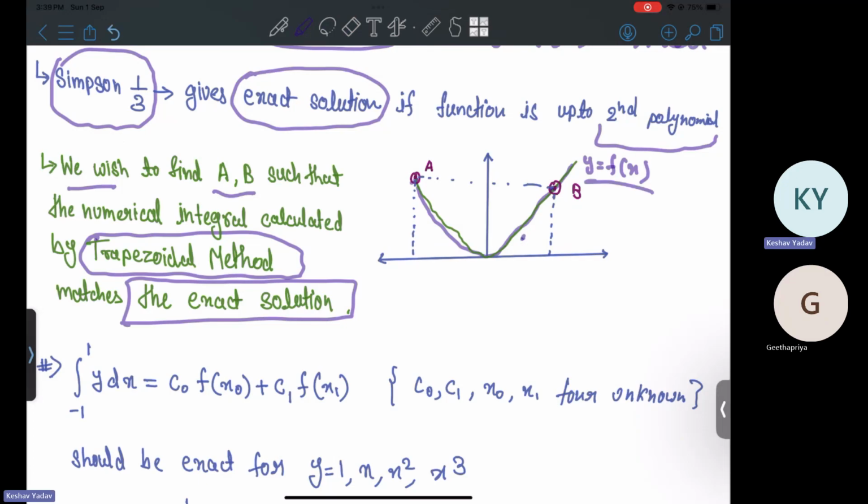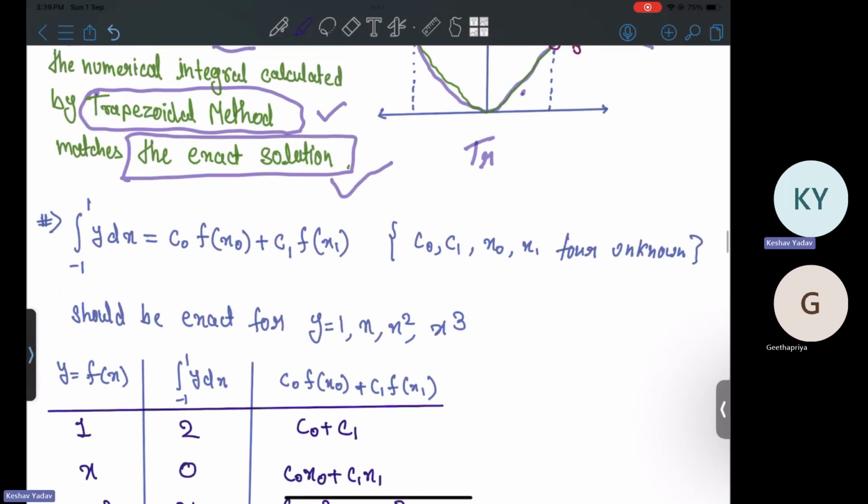We will choose A and B such that the integration using the trapezoidal method gives the exact integral.